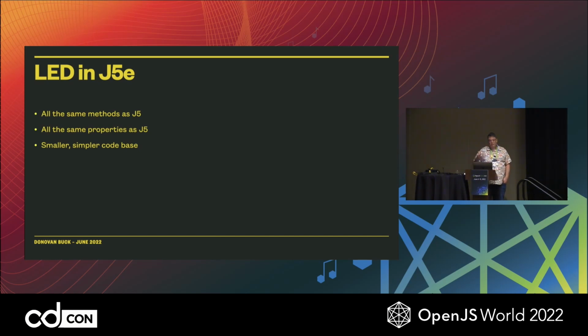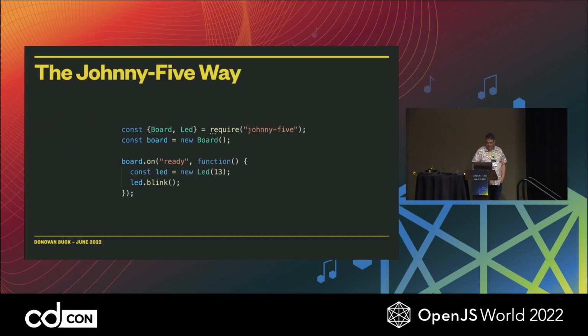As long as we have a provider that follows ECMA-419, it will just work. It has all the same methods, all the same properties as J5e, but we were able to delete a lot of special code for things like expanders and special kinds of boards that we had to manage in J5e, because the ECMA-419 model takes that away. But we were able to keep everything that makes it special.